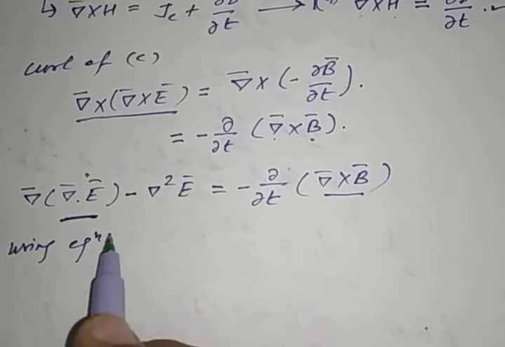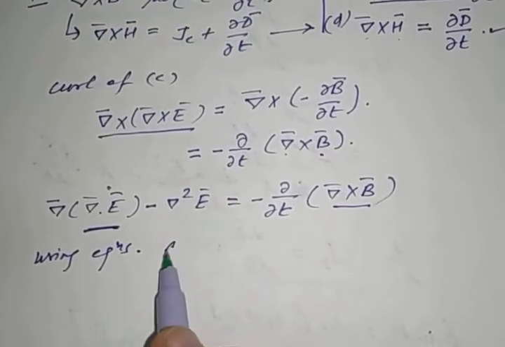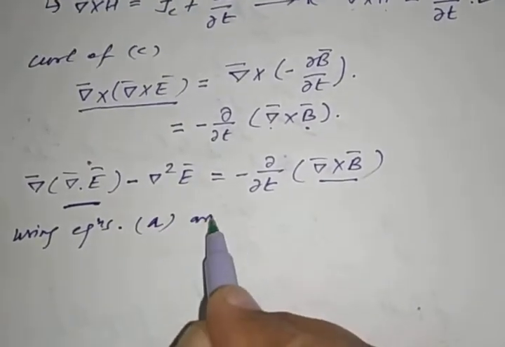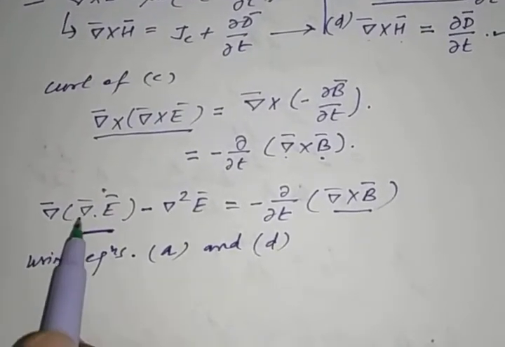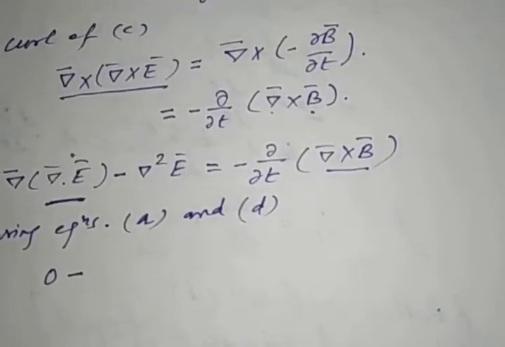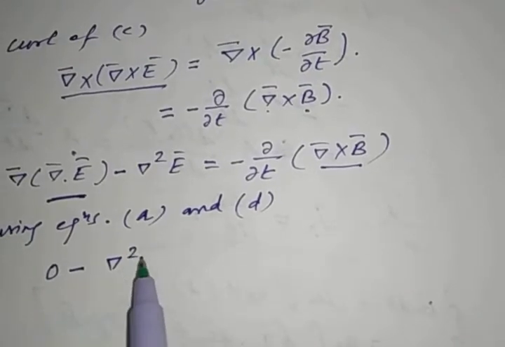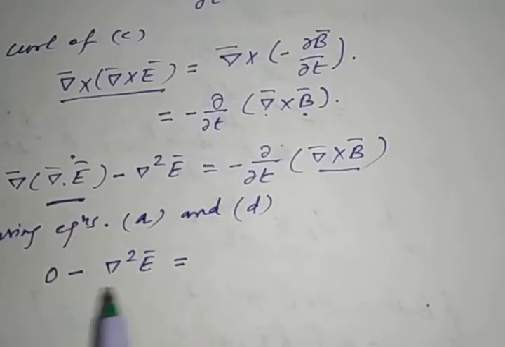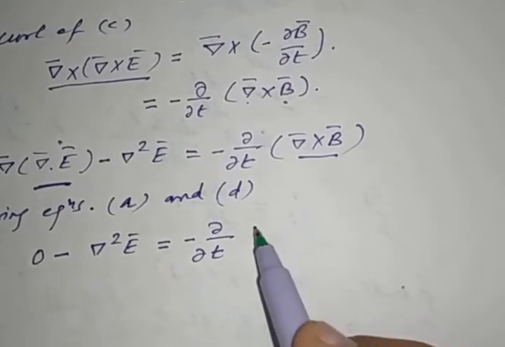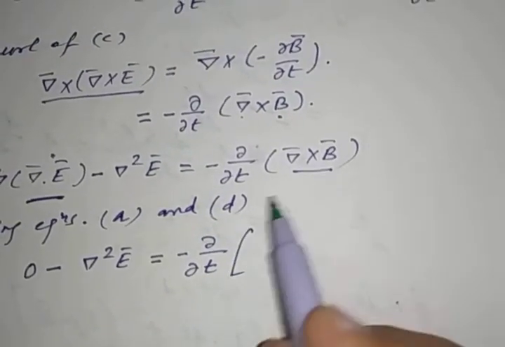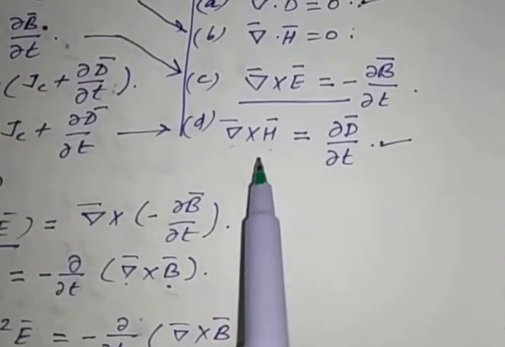So using equations A and D, we'll put the value of del dot E, which is available here, as 0, and put the value of del cross B from here.